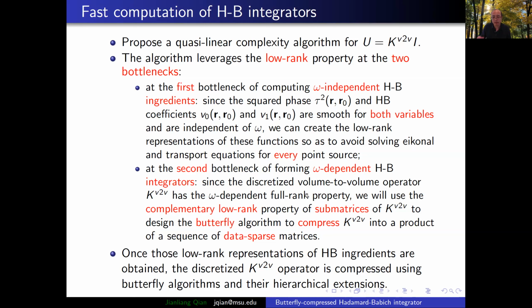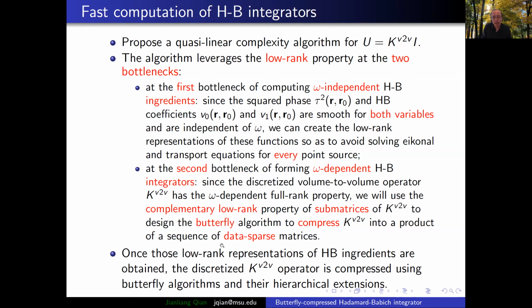So the trick here is to use the so-called complementary low rank property of the submatrices of this kernel. Then we are able to compress the kernel matrix using the butterfly algorithm into a product sequence of data sparse matrices, because we have a matrix vector product.